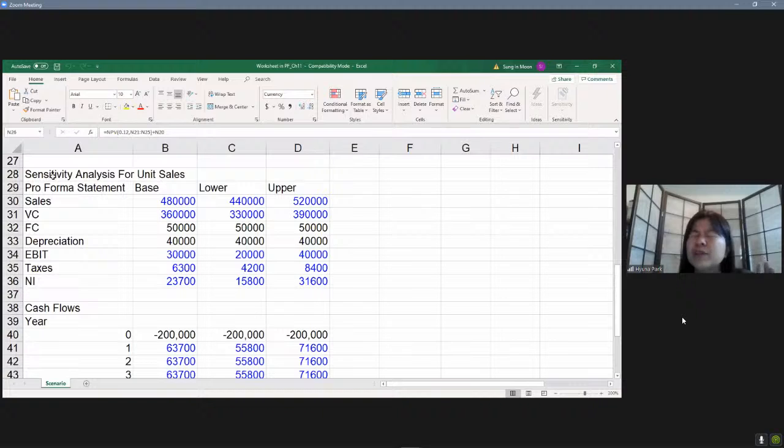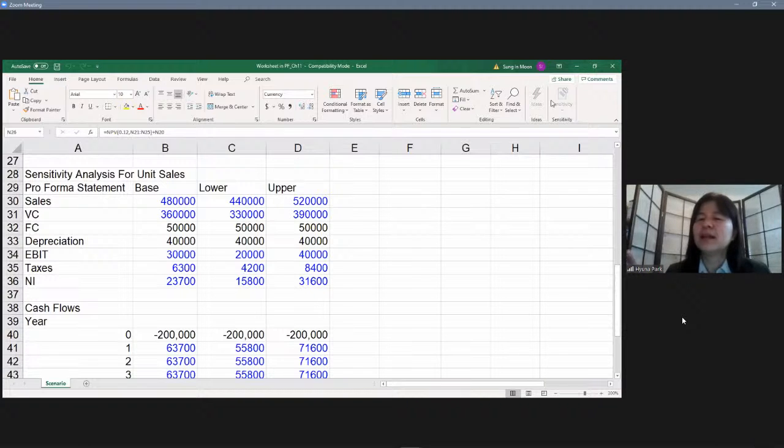So remember, what was the difference between a scenario analysis and a sensitivity analysis? In the sensitivity analysis, we only have one variable changing. Everything else is fixed. But there are 4 variables here: unit sales, price per unit, variable cost and fixed cost. So we can do 4 different sensitivity analyses for this.